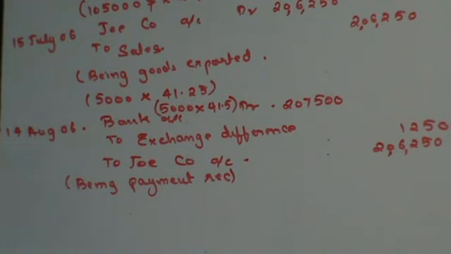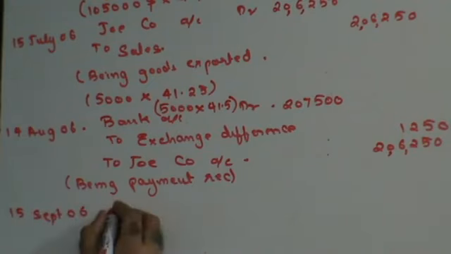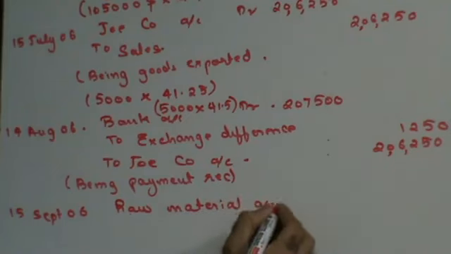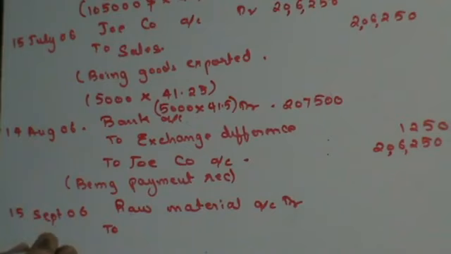On 15th September, raw material worth $20,000 was imported from Robert and Company. Debit raw material account, to Robert Limited, being goods imported.